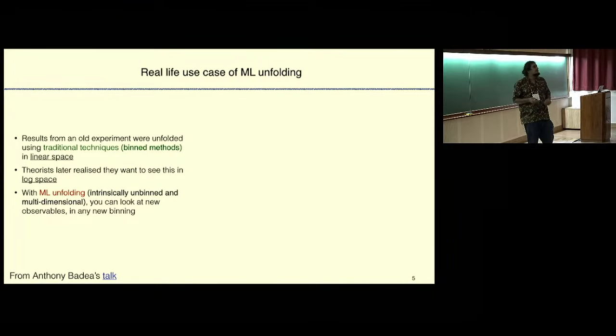So let's see a real life example of where ML unfolding might actually be useful. Here we're talking about a result from an old experiment, where an observable was unfolded using the traditional binned methods in linear space. Then some of our theory colleagues realized that they would like to see this in log space.